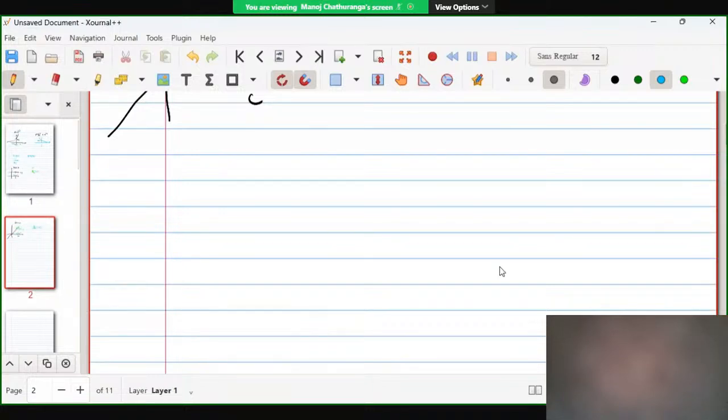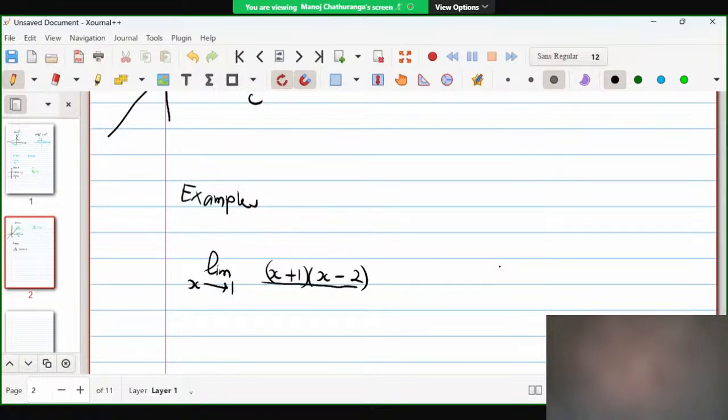Let me give you some examples. As x goes to 1, the limit of (x plus 1)(x minus 2) divided by (x squared plus 4).